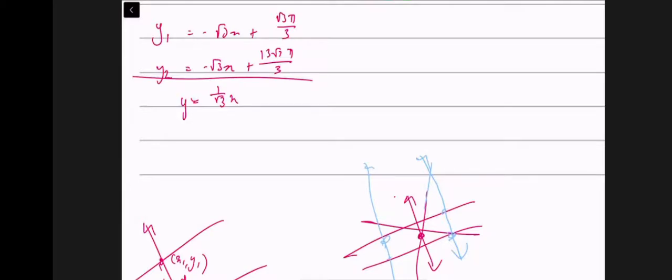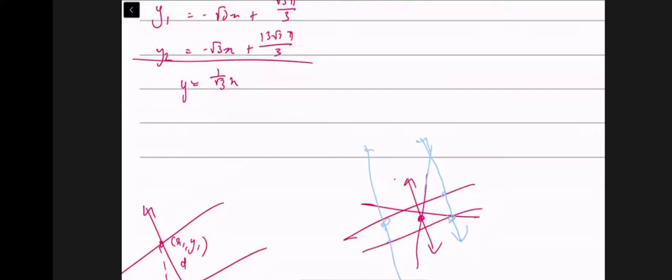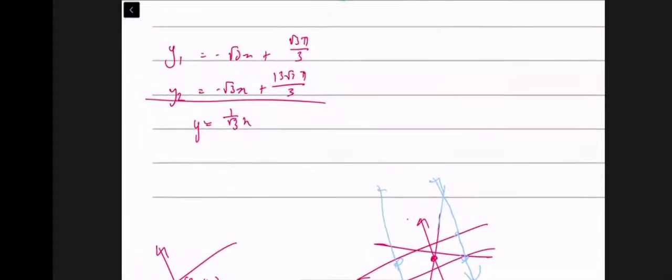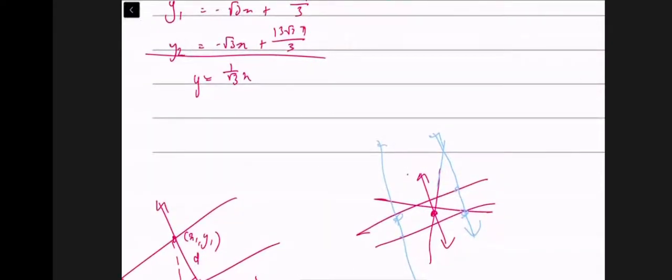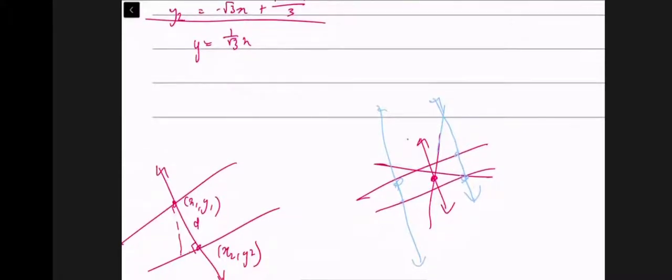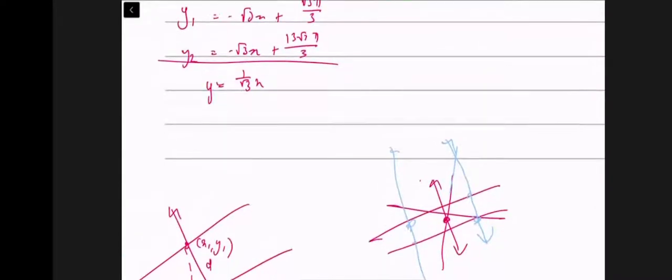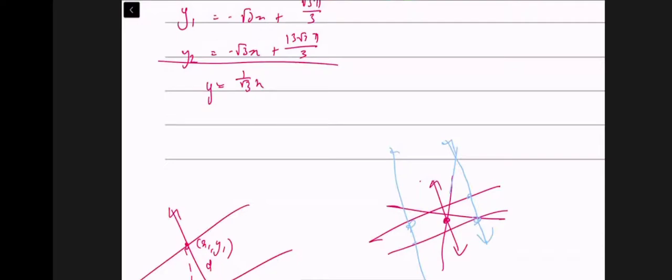The next thing is to find points of intersection. So if you chose one and then chose that point, and then chose to find the line corresponding to that c value, then equate it to the other line.